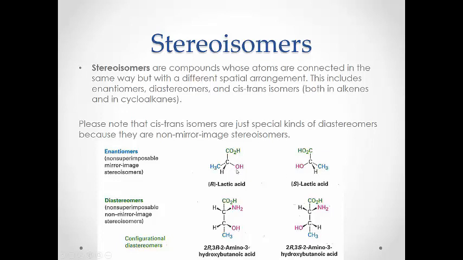Enantiomers are non-superimposable mirror images. If you put a mirror here, your S-lactic acid is a mirror image of your R-lactic acid. So they're enantiomers. Diastereomers are non-superimposable non-mirror images. If you put a mirror here, this is not the mirror image of the left-hand side. You can see that's not a mirror image.